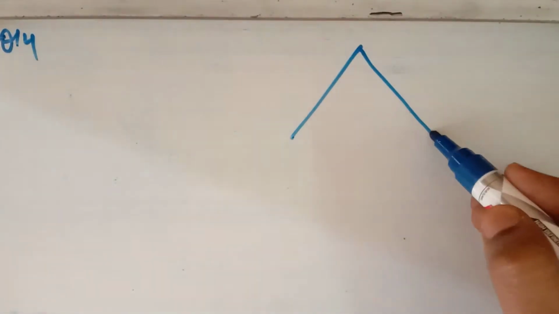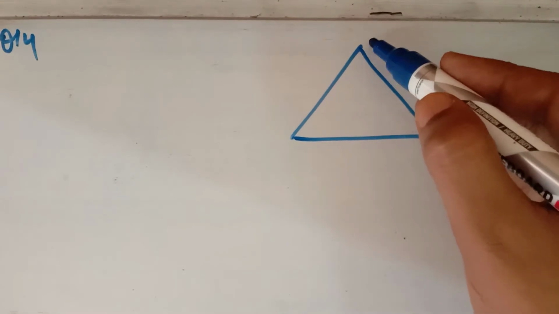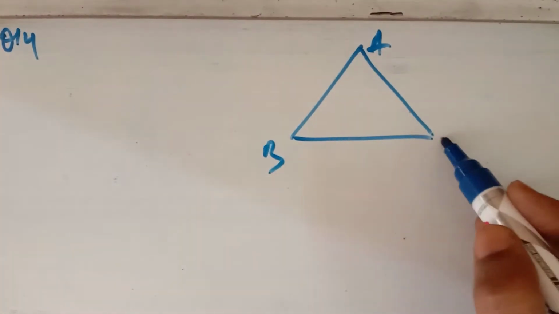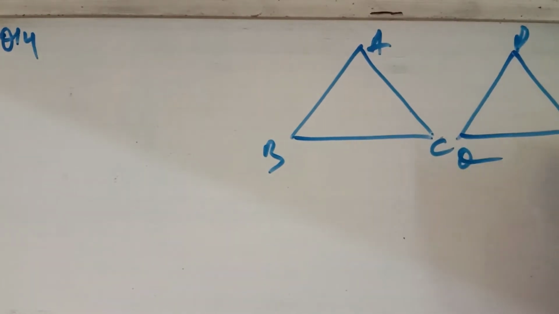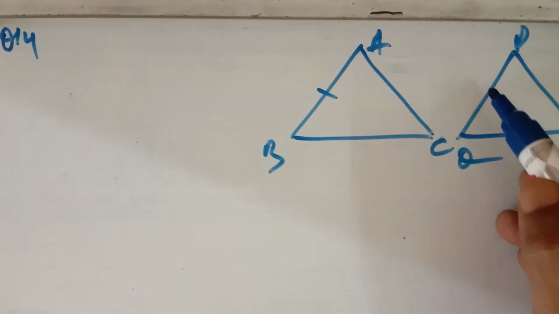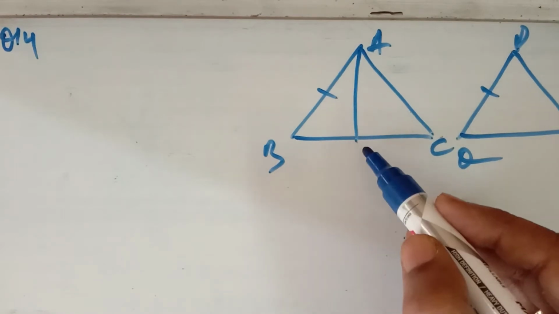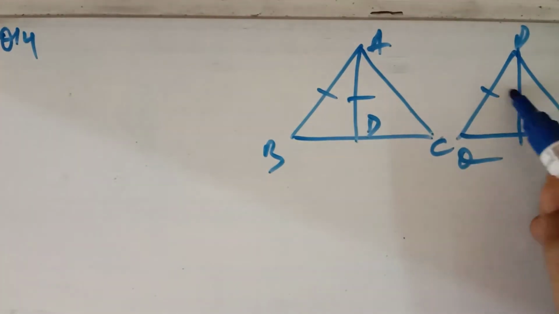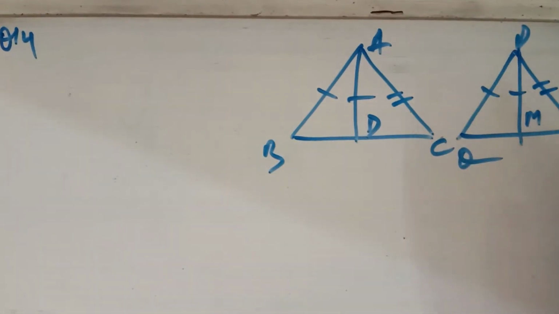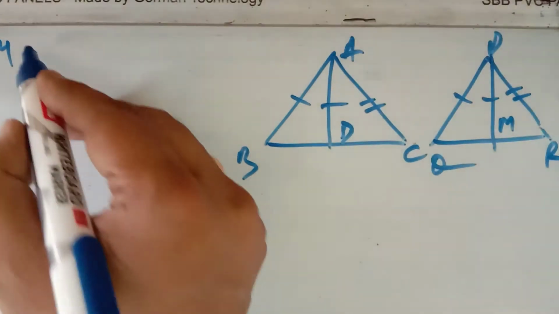So these are the two triangles ABC and PQR in which the side AB, the median AD and the median PM are in the same ratio, not BC and QR.